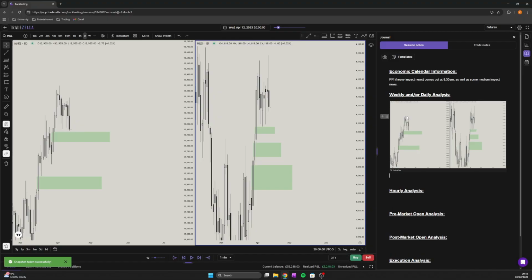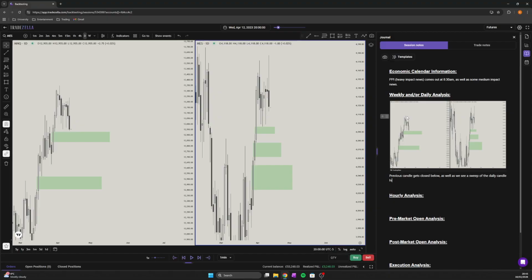See, the previous candle gets closed below, as well as we see a sweep of the previous daily candle highs. From the daily, we can look for shorts into areas, into PDAs.